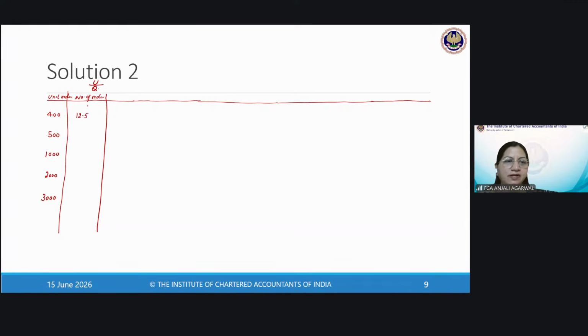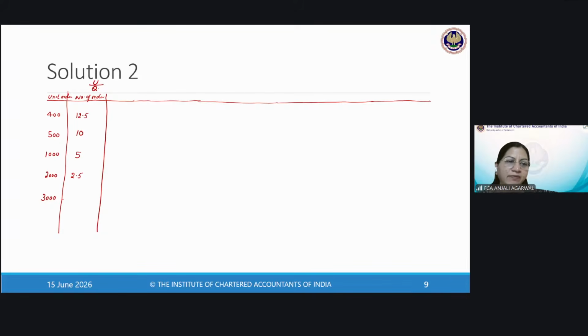Once again, the question arises, can we order 12.5 orders? No, either we can order 12 or we can order 13. But because the question is specifically saying so, for theoretical purpose, I'll give a note that I'm keeping the fractions, though it is only theoretically possible. 5000 divided by 500, 10. 5000 divided by 1000, 5. 5000 divided by 2000, 2.5.